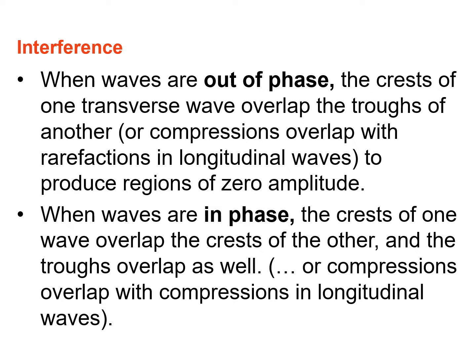If the two waves are of equal amplitude and of equal wavelength, then when they are completely out of phase, you can actually totally cancel the wave and get a zero amplitude. On the other hand, if waves are in phase, the crests are arriving at the same place and time, and you can get higher crests and lower troughs. You get a wave of greater energy. Those waves are in phase.